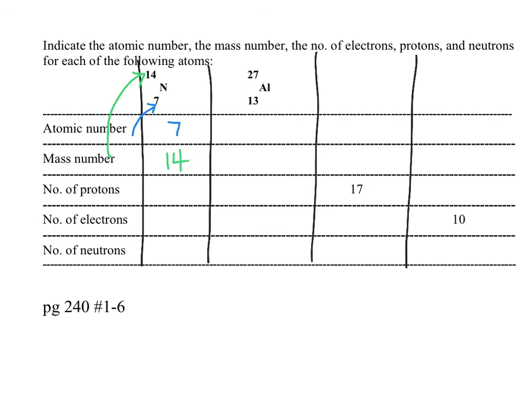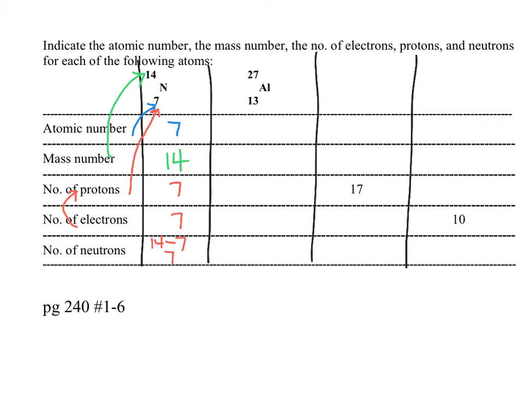Remembering how to find the protons, neutrons, electrons: the protons are equal to the atomic number at the bottom, the electrons are always equal to the protons, and then the neutrons are equal to the mass number minus the atomic number, which happens to be exactly the same as the atomic number for nitrogen. So nitrogen has 7 protons, 7 electrons, and 7 neutrons.